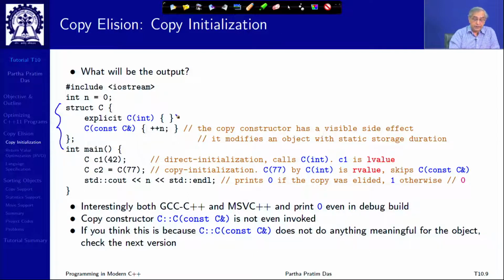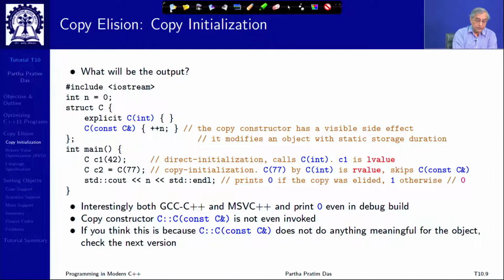So, we have an explicit constructor which is a parametric constructor, and it has a copy constructor which does nothing, but there is a global variable n which the copy constructor is supposed to increment. Though we have a parametric constructor, we do not have any data member, because we are not interested in looking at the data member values immediately.